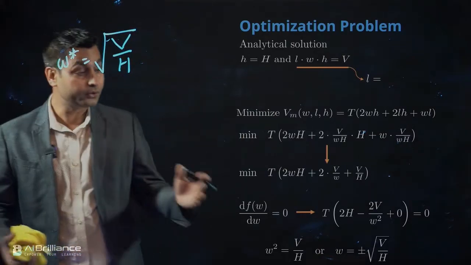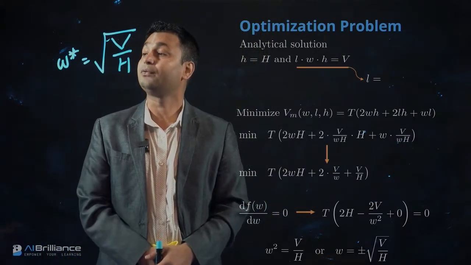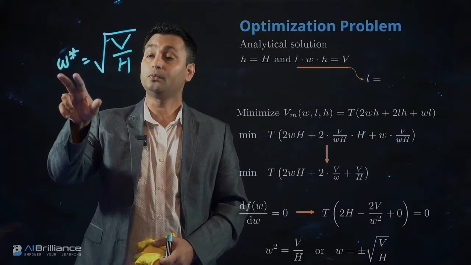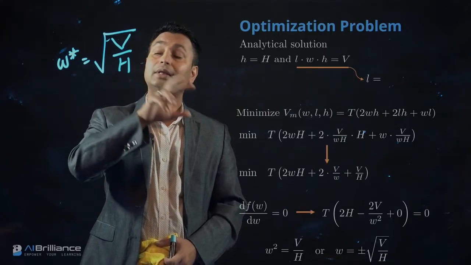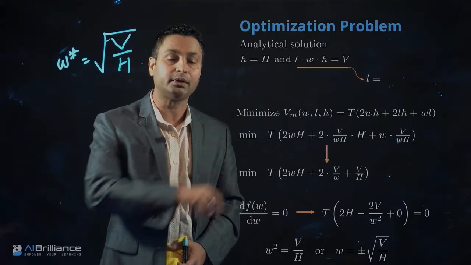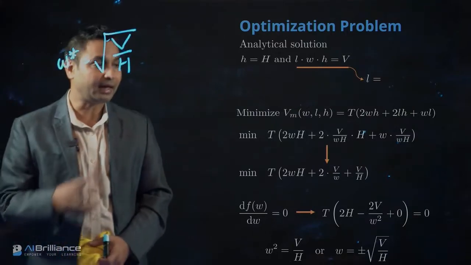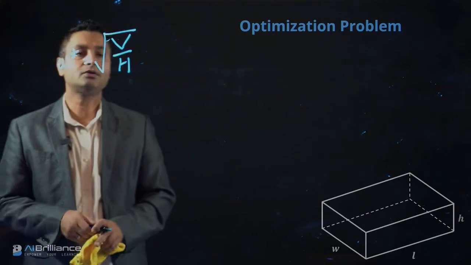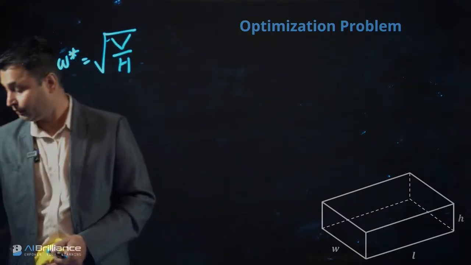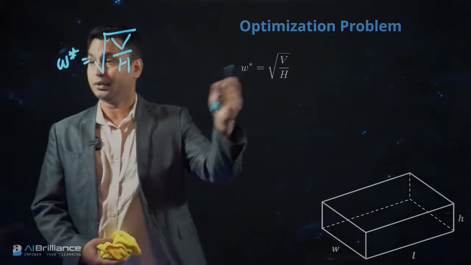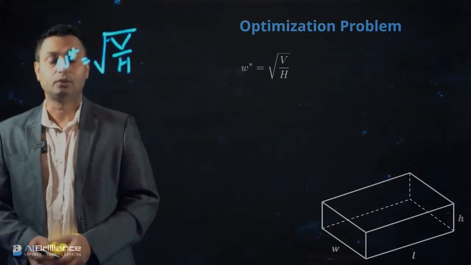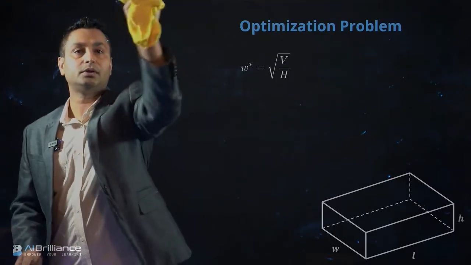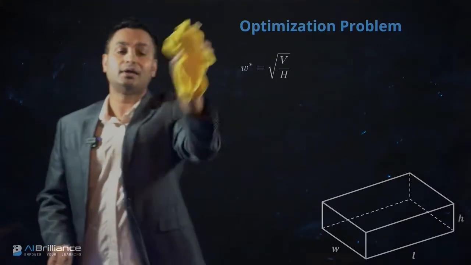So we can use this analytical approach and solve for the optimal value of w, defined by this equation, that will lead to the minimal amount of material that goes into making that drawer itself. Now from this information we can solve for other properties. We have w star equal to root over V by h, and we can use that information to find all the other pertinent information that needs to be provided to the carpenter.